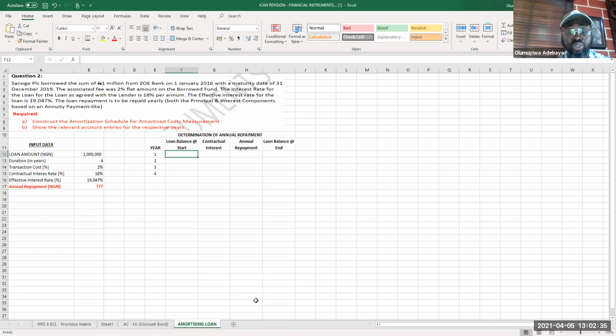Annual repayment, we don't know it, but if you know it, your balance would be what you borrowed plus the interest that accrued on it minus what you paid down. And that should give you your balance brought forward. The same thing, you draw it down.